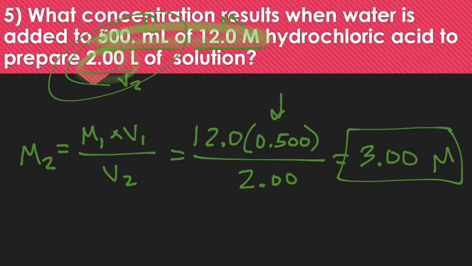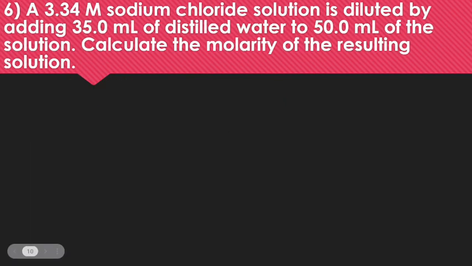So all we've got to do is pull out the numbers that belong together, multiply them together, divide by the third number. So as we're looking at number 6, a 3.34 molarity solution is diluted by adding 35 milliliters of distilled water to 50 milliliters of the solution. So we're going to be saying that 50 milliliters of a 3.34 molar solution is what we're starting with. And then I'm adding 35 milliliters.